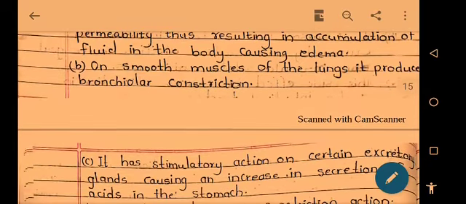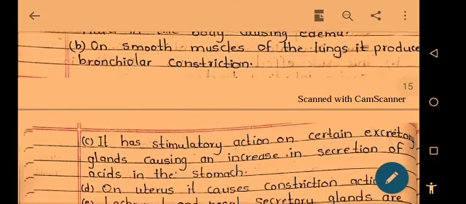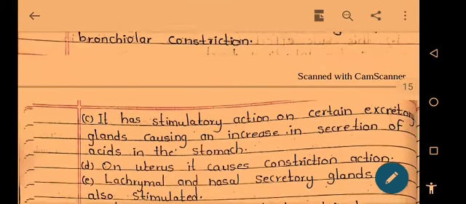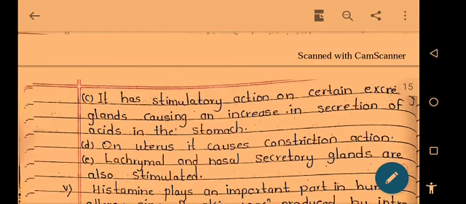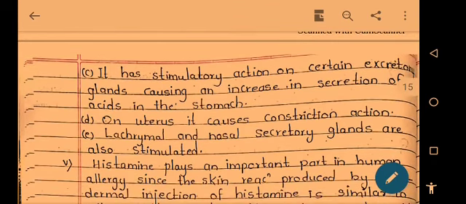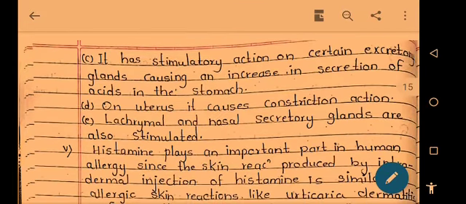It has a stimulatory action on certain excretory glands, causing an increase in the secretion of acid in the stomach. On the uterus, it causes a constriction action. Lacrimal and nasal secretory glands are also stimulated.